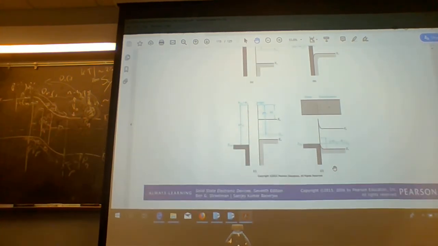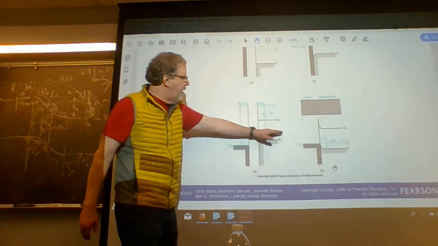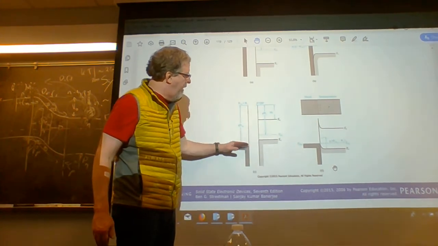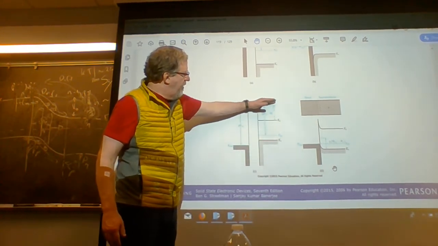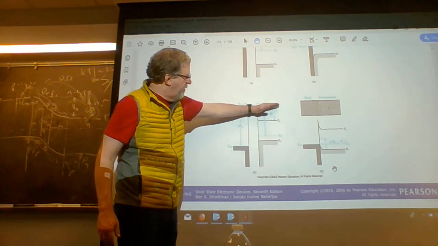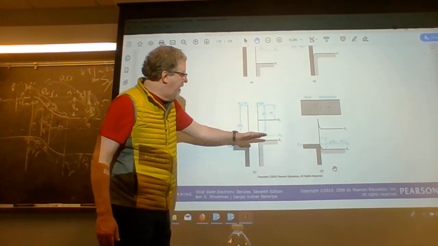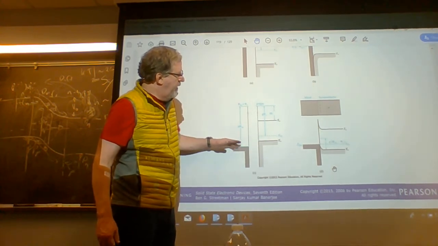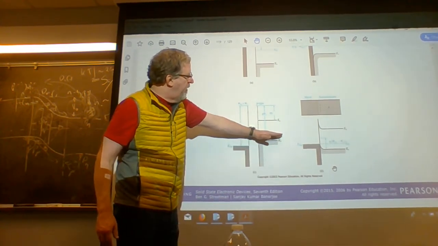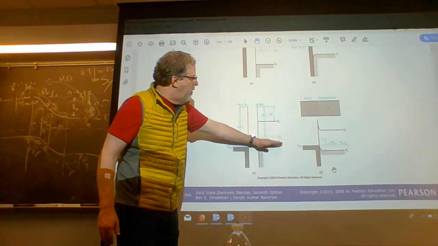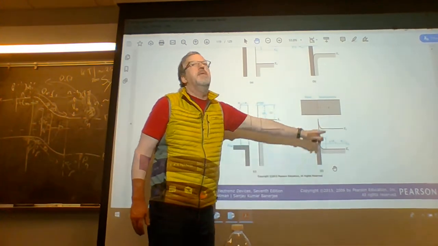You have the P-type material where the Fermi level of the P-type material is above the metal. So the P-type Fermi level of the semiconductor has to go lower to meet up with the metal. And so the only way to move the Fermi level of P-type material lower is to accumulate holes.